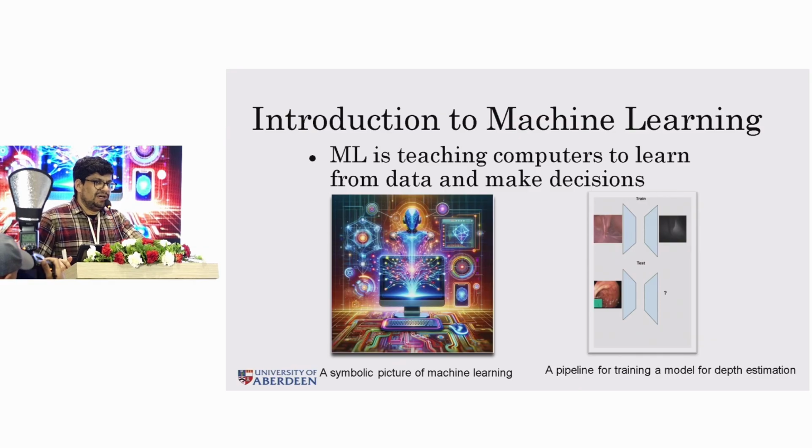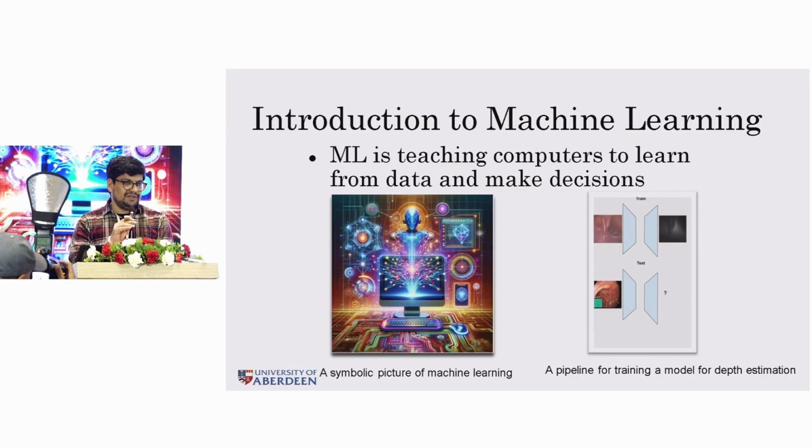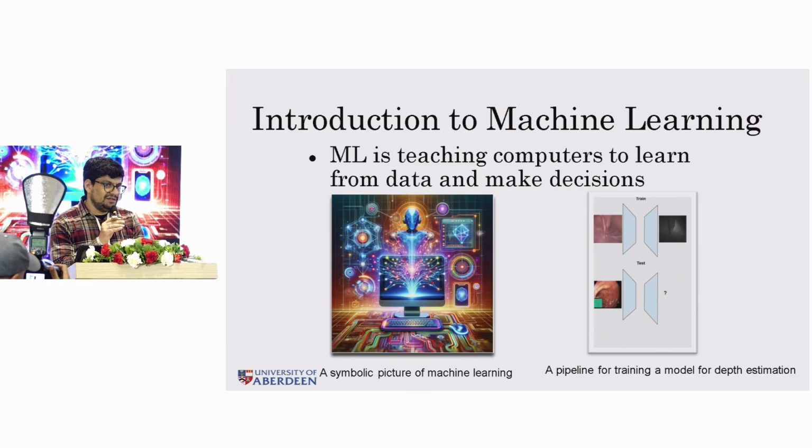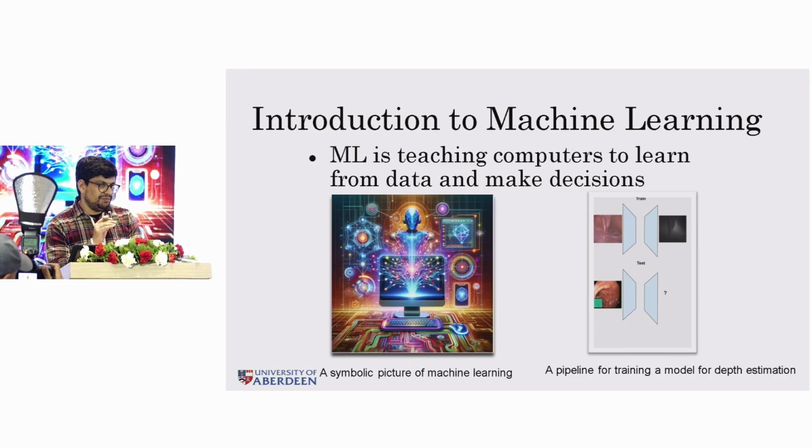Right. So I'll go with the basics first, and my talk can be a bit technical for people with only a clinical background, but I'll try to normalize this technicality. So machine learning, what is machine learning? Let's start from here.